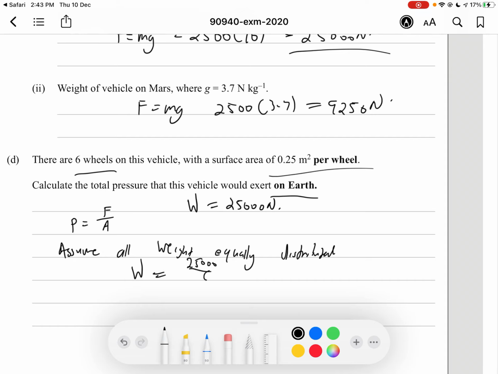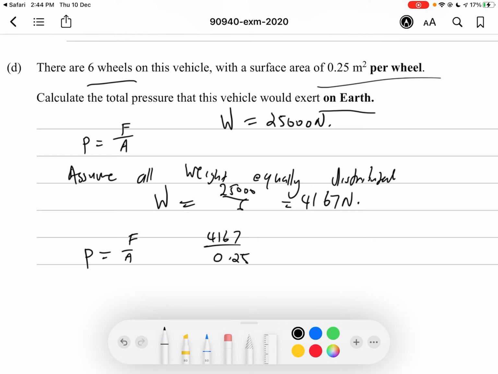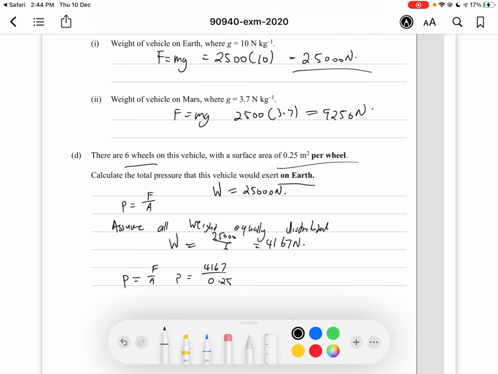the weight on one wheel will be equal to 25,000 over 6, which gives us 4,167 newtons. So we can use P equals F over A, 4,167 over 0.25. That's for one wheel.